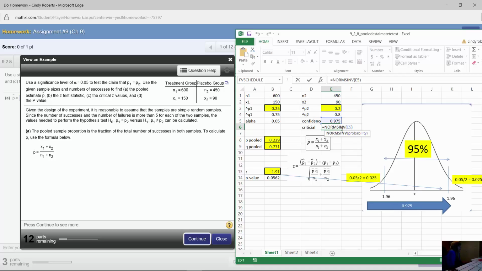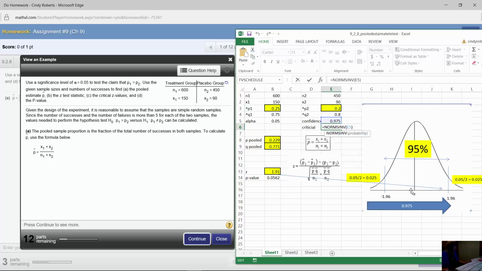Typically you do 1 minus 0.05, which is the 95%, but that's in the middle. So your table reads from all the way to the bottom to this line, which would be the 0.025 plus the 0.95, and that's how I get that value.